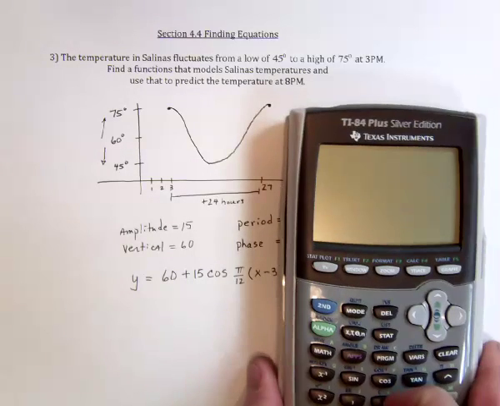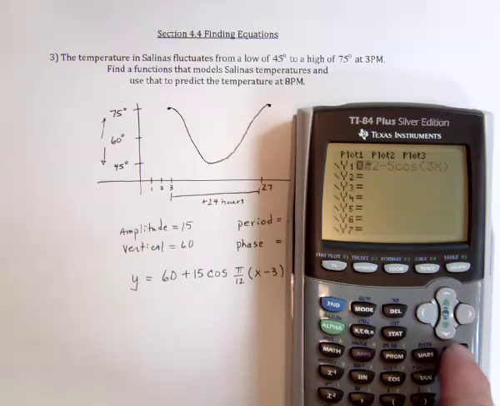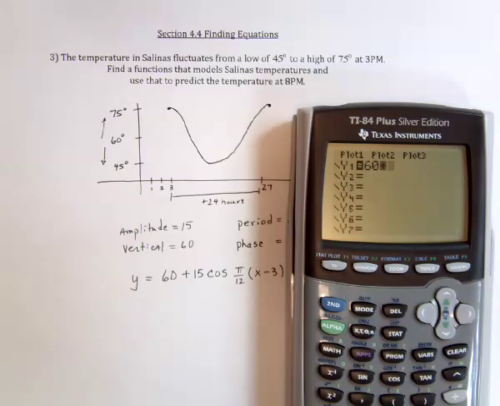And as always, I would like to graph and make sure that it worked before I go on. So 60 plus 15 cosine pi divided by 12, and then you need more parentheses, x minus 3.